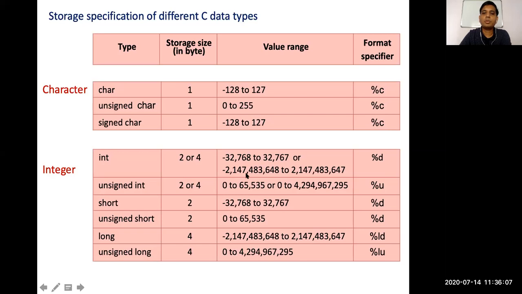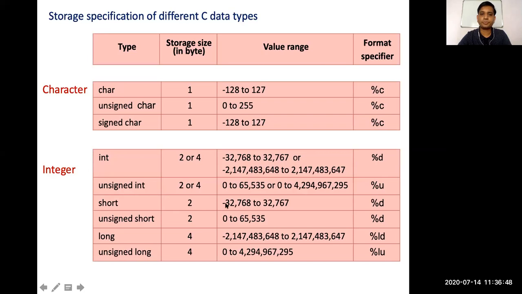It is -2,147,483,648 as the negative value, up to a maximum value of 2,147,483,647. These positive and negative values we can store in a simple integer. Depending on the compiler, you can decide the range here. If you are using Turbo C, the maximum value is 32,767 only. The format specifier required for integer data is %d. Remember it.